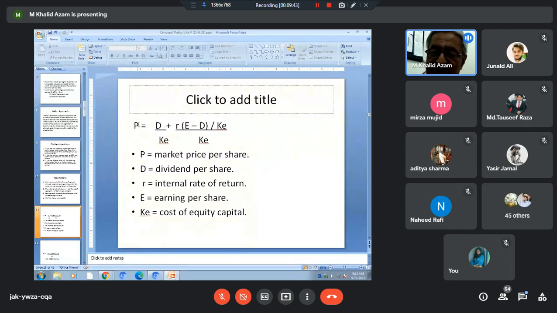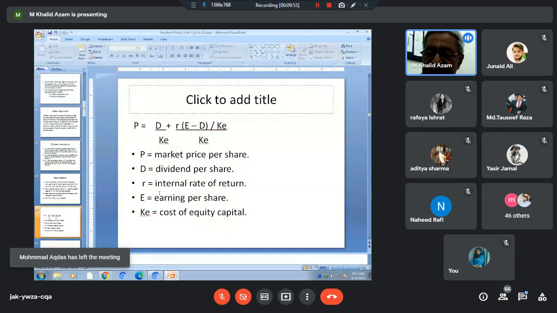Because dividend will be declared at the end of the year, there is a gap, and I want to know the price now. So it will be P0. Here we are using only one P, so it is written P. Only when we are using more P's, like the price at the end of the period, then we use P0, P1. But here it is P0, that means the market price per share.